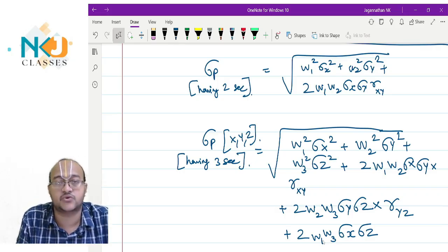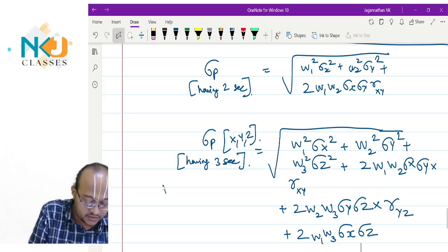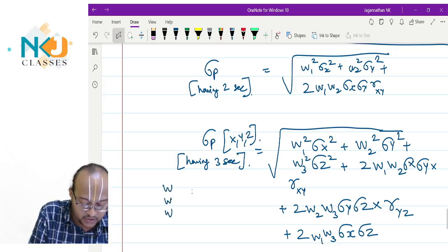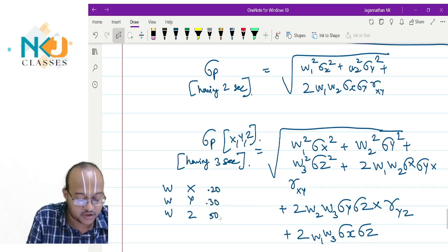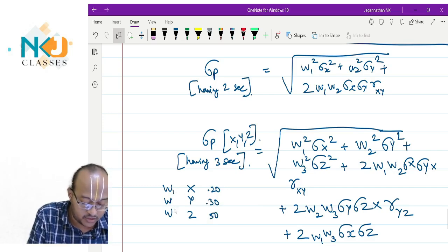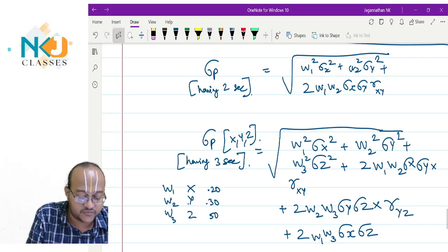See, we have three securities in our portfolio, correct? Say this is 20%, this is 30%, this is 50%. Are you all understanding? Weight 1 is weight of x, weight 2 is weight of y, weight 3 is nothing but weight of z.